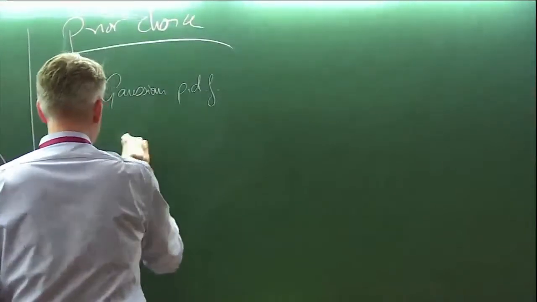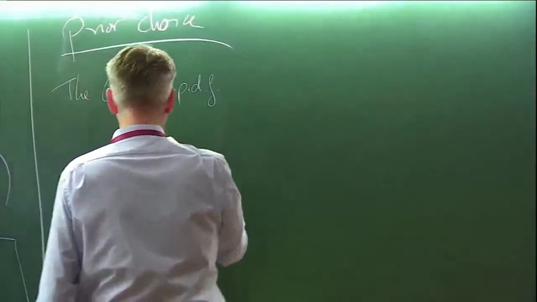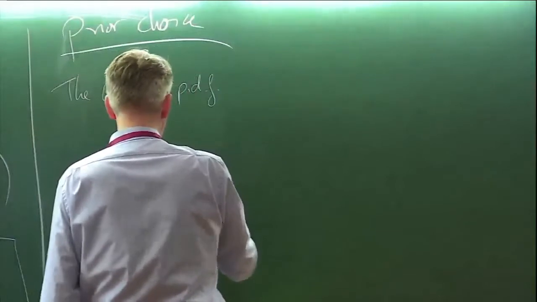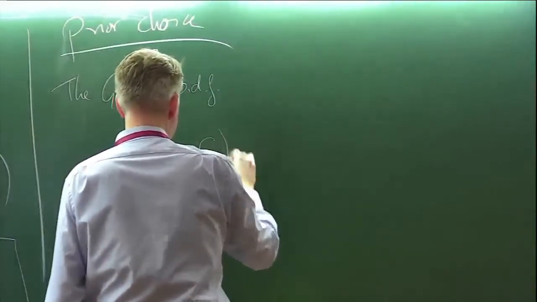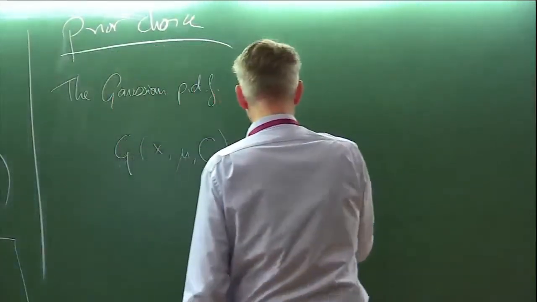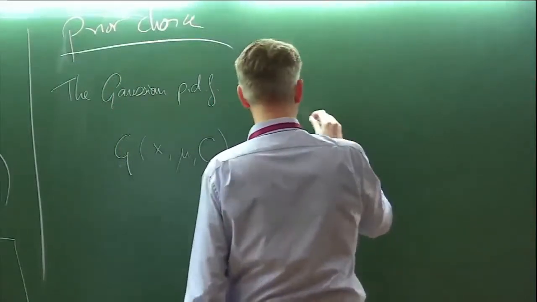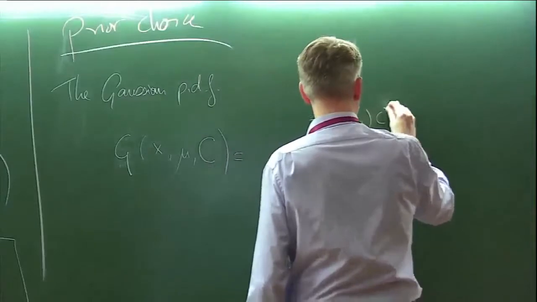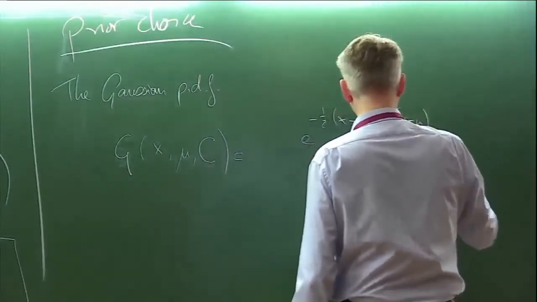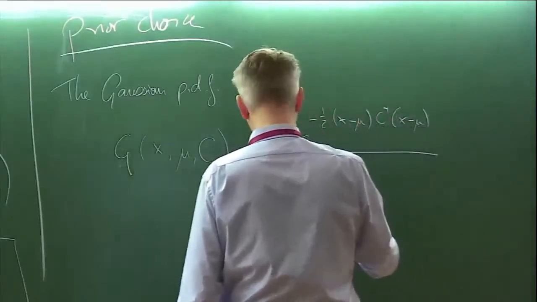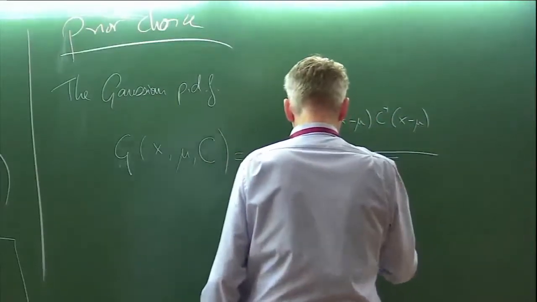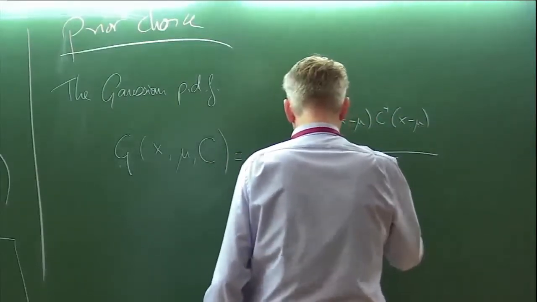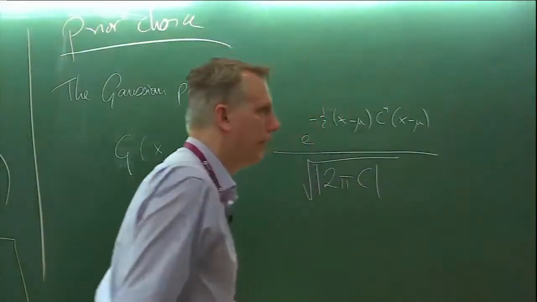So let me write it G of X, mu, and C, which is e to the minus a half (x minus mu) transposed, C inverse, (x minus mu). I'm going to write it multivariate. Why not? You guys are smart, do it right away. And this is divided by the square root of the determinant of 2 pi C.